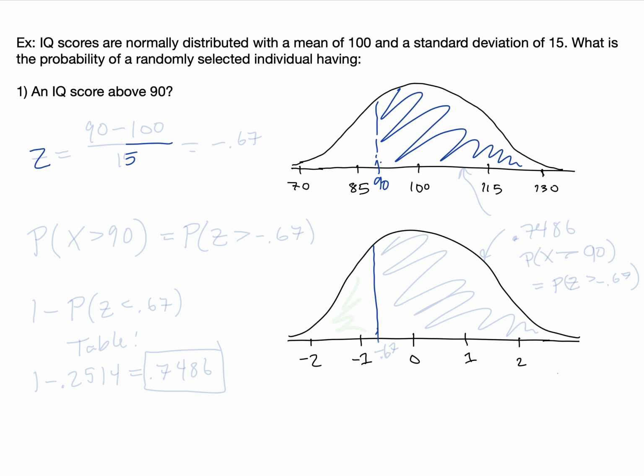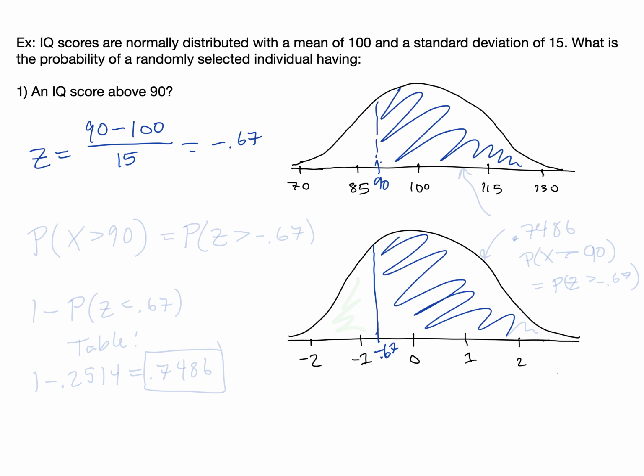So our first thing we want to do is find the z-score for 90. This would be the data value minus the mean divided by the standard deviation. And that would give us negative 0.67. So the value of 90 on this original normal distribution corresponds to a z-score of negative 0.67. So there's that.